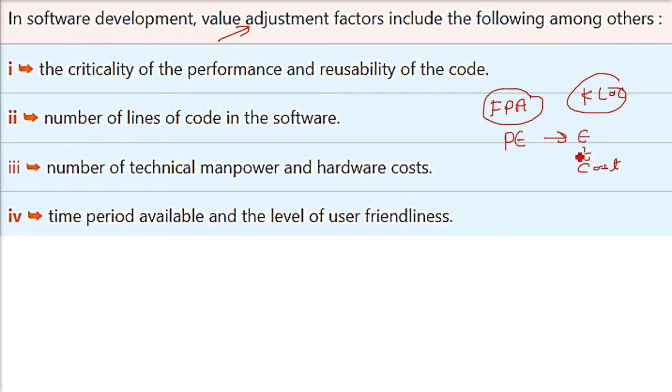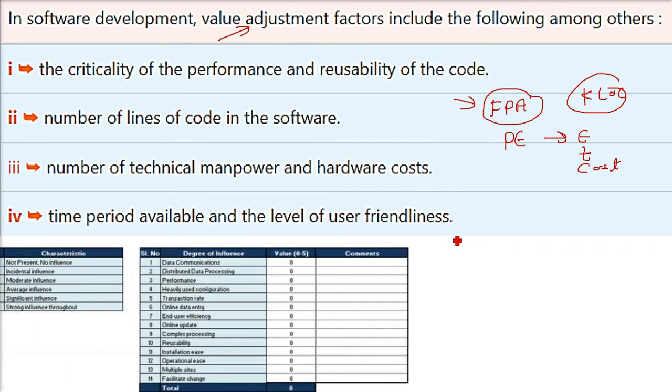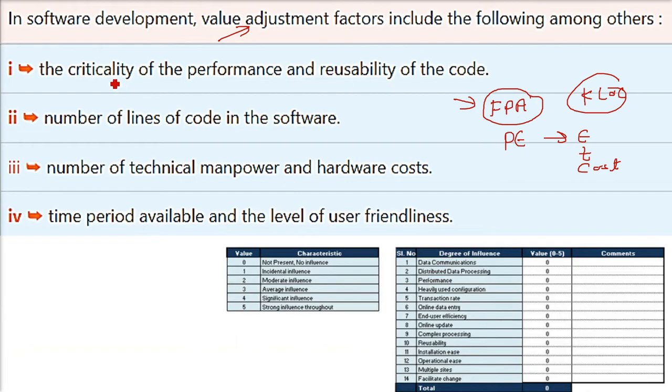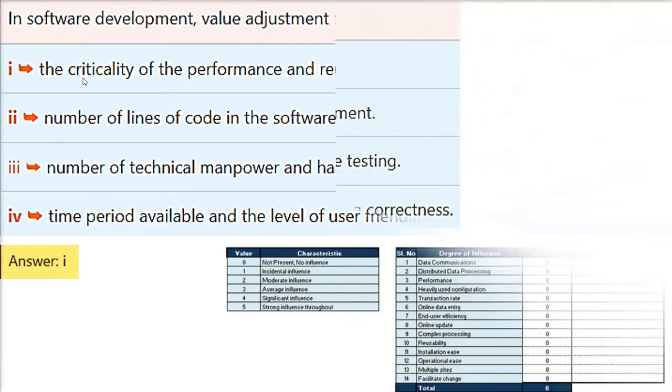So this FPA gives you a number, how many functionalities the software or a system is going to provide. For that we need certain value adjustment factors also, because there is a whole formula of computing it, and we need this 1 to 14 value adjustment factors. So if you see here, there is reusability. So the answer comes first one, the criticality of the performance and the reusability of the code.